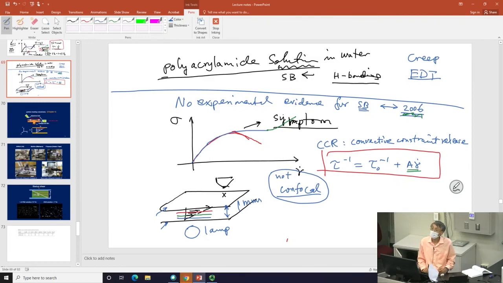If you don't have confocal, then your, I call it Z resolution, then your Z resolution is very poor. Okay? Your Z resolution could easily be a fraction of a millimeter. In other words, you cannot even resolve different layers very well.